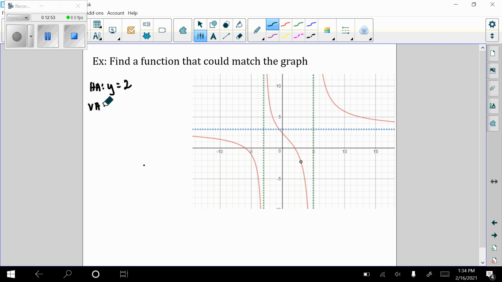For my denominator, I've got one at x equals, looks like -3. And I've got one at x equals 5.